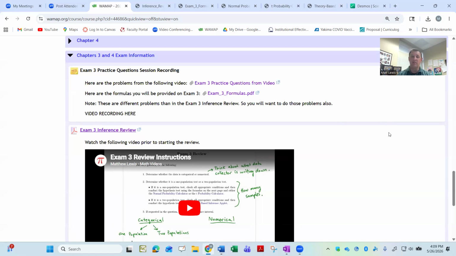So when you're presented with the information, you have to decide, am I doing a single proportion hypothesis test? Am I doing a 2 independent mean hypothesis test, right? We have all these different types of hypothesis tests, and, I guess, 2 different types of confidence interval, right? One for proportions, one for means. And I have to decide which one is appropriate for the situation that I'm given.